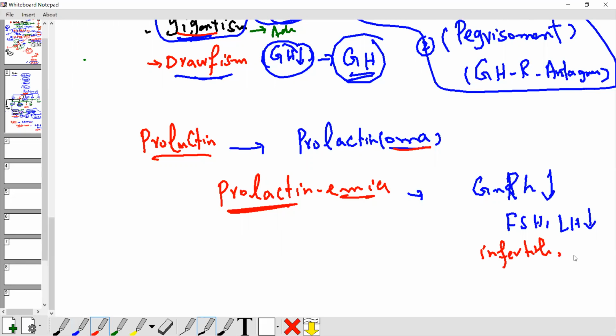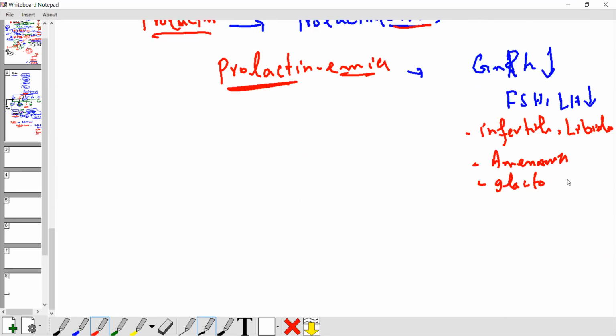Infertility, decreased libido, and in female especially amenorrhea and galactorrhea, which is a self discharge of milk. Galactorrhea, amenorrhea, infertility, decreased libido. So these are the problems.